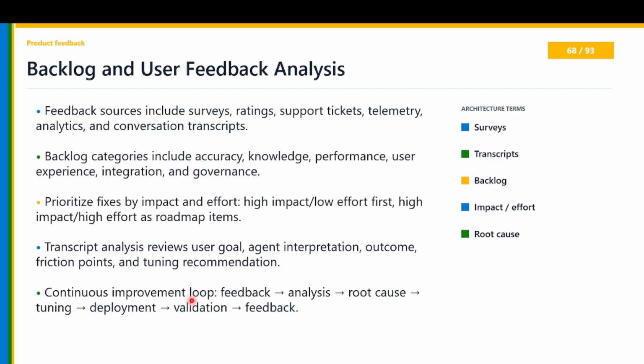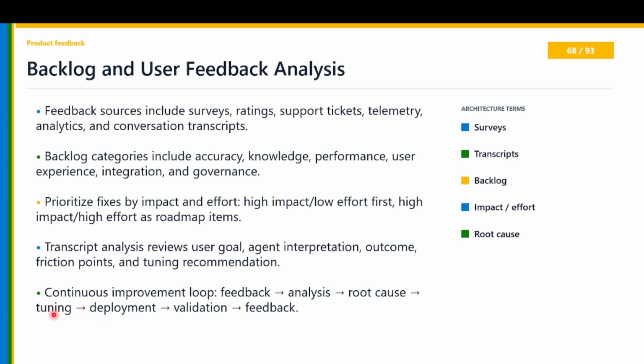So for the continuous improvement loop, start with feedback, using any of the platforms that we have discussed. Then analyze the feedback for bad feedback and good feedback. If it is bad, determine the root cause of the feedback, and then from the root cause, tune the model, tune the agent, improve the prompt, and improve the entire application.